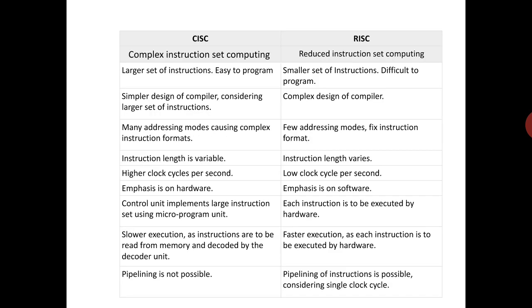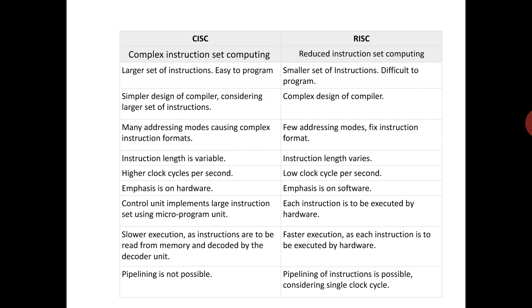Next is CISC architecture and RISC architecture. Full form of CISC is complex instruction set computing, and reduced instruction set computing is the full form of RISC.